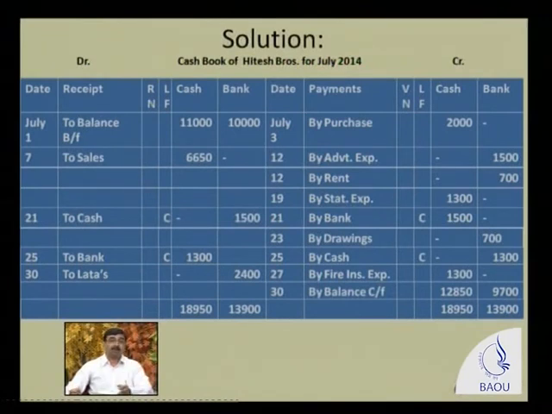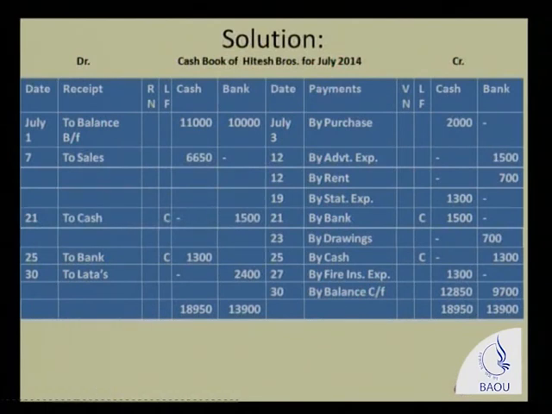In this particular problem, the total of the debit side is higher, that is 13,900, and the credit side total, which is lesser than this 13,900, would be deducted from it. So the balance closing in your hand is 9,700, which is written on the date 30 in front of the balance carry forward in the bank column, that is 9,700 rupees. This is all about the two columnar cash book of cash and bank column.